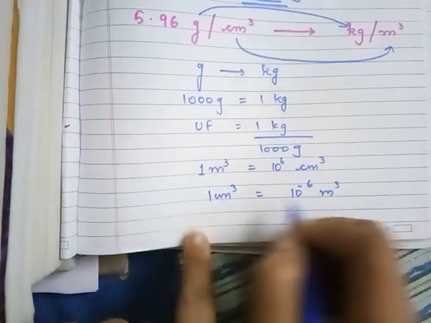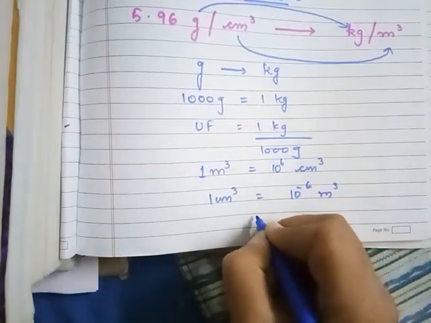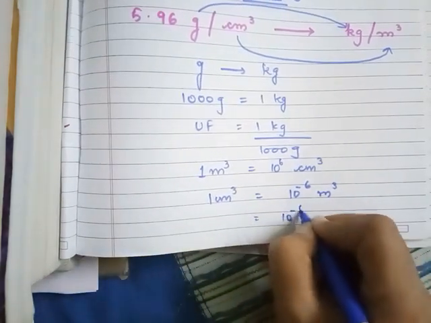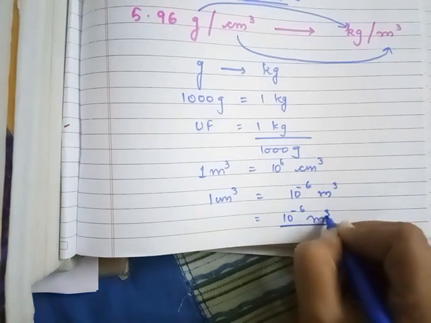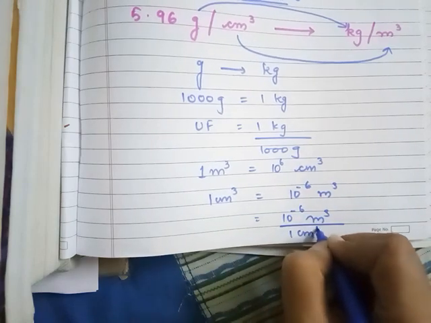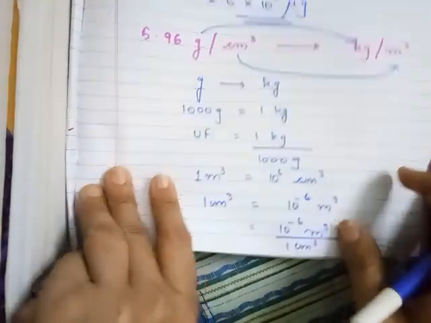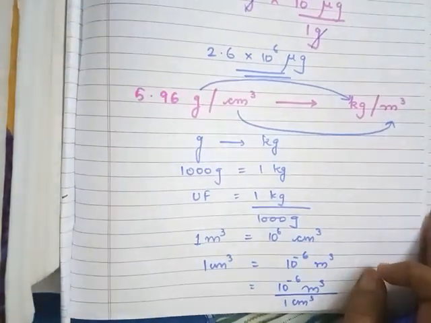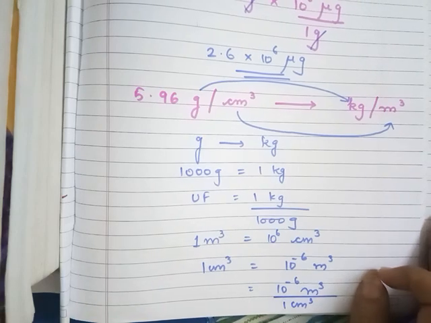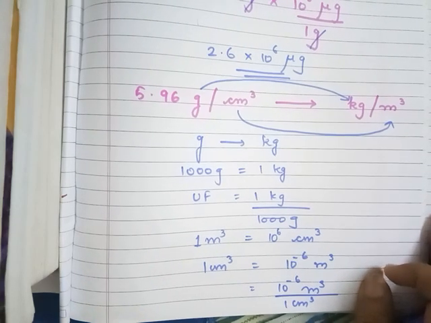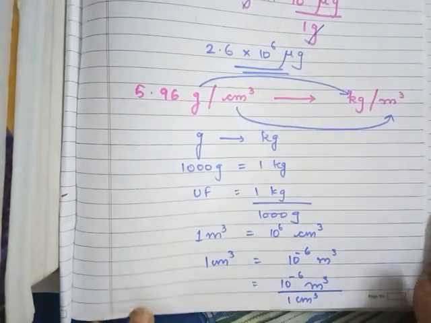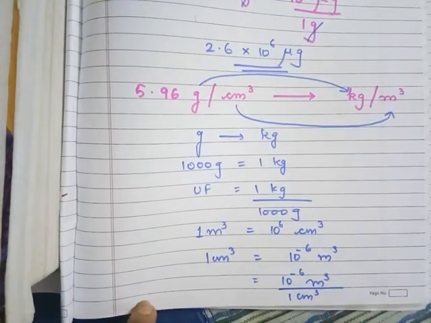Or the unit factor, if I have to convert centimeter cube to meter cube, is 10 to the power minus 6 meter cube upon 1 centimeter cube. So this is the second unit factor that I get over here.